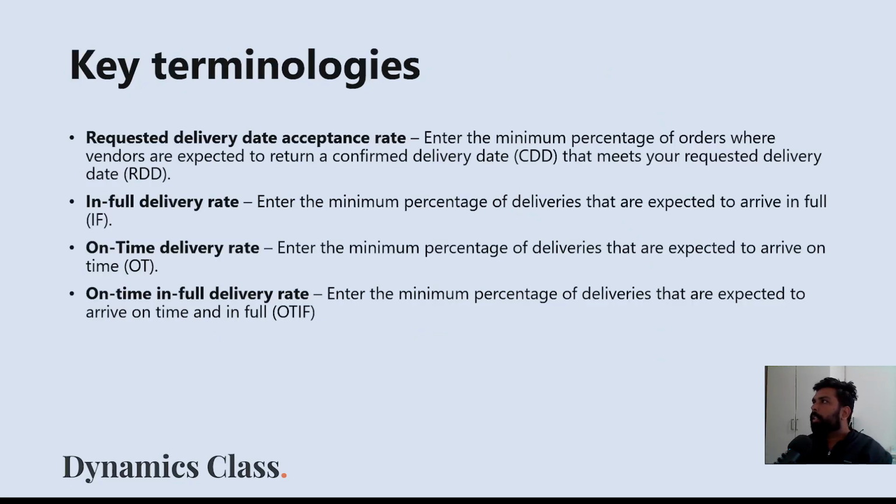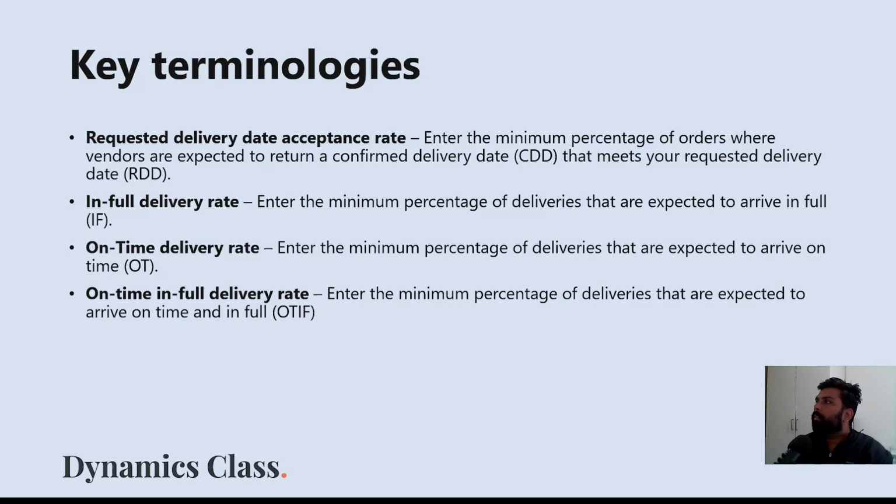Now let's understand the key terminologies which drive the different dashboards and the actionable workspaces for this particular feature. There are different key parameters which we need to configure, and based on these parameters only, the system generates all these risk analyses and the actionable dashboards.